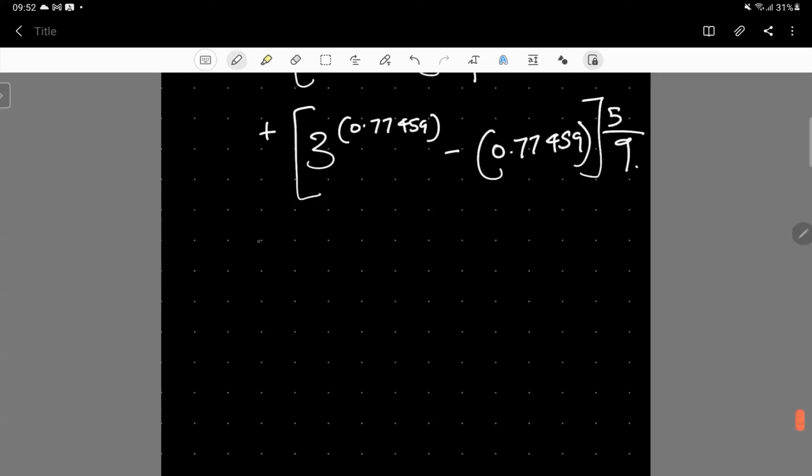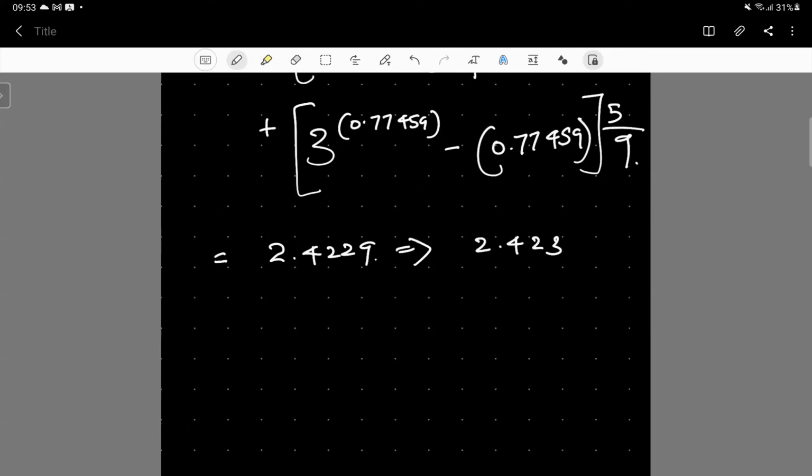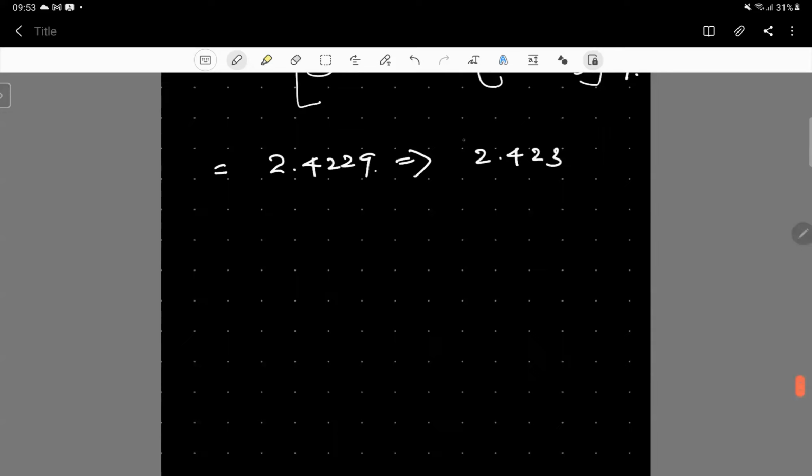If you evaluate this integral, you would get 2.4229 as a result. To 4 significant figures, it would be 2.423. So if we compare with the exact solution, if you perform this integration and evaluate this integral within -1 to +1, what you end up getting as the exact solution is 2.427.